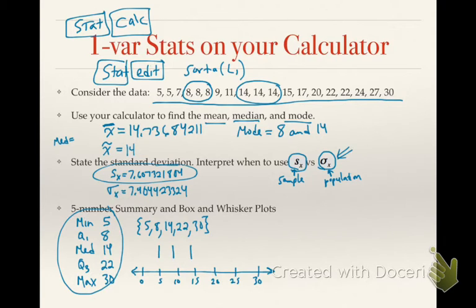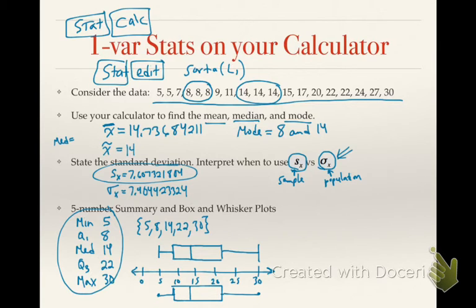Above 14, which is right there, a line. 22 is about there, and 30 is over here. To complete my box plot, I'm going to enclose the middle portion of my data, and then draw whiskers to the end. Some people on their box and whiskers, and this is perfectly acceptable, will put a little dot at the end. Both of these are completely acceptable ways of doing a box and whisker, so feel free to use either.